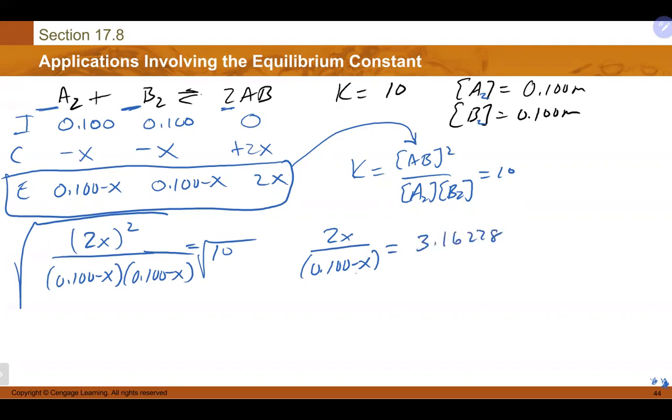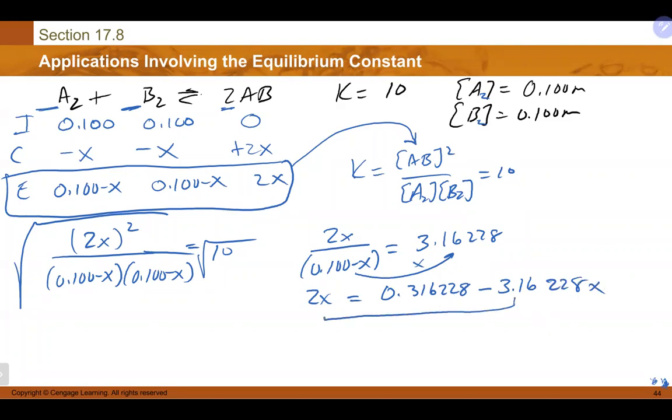3.16228. Just like before, we're going to multiply this to the other side. That gives us 2x is equal to 0.316228 minus 3.16228x. Just like before, we will combine our x's by moving this guy to the other side.